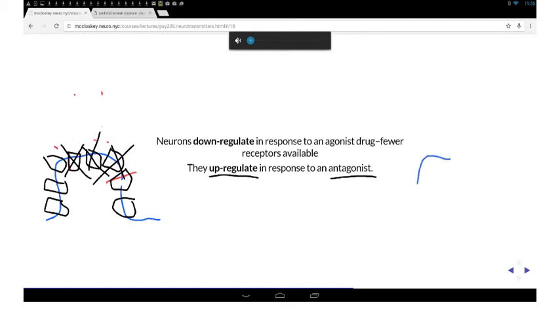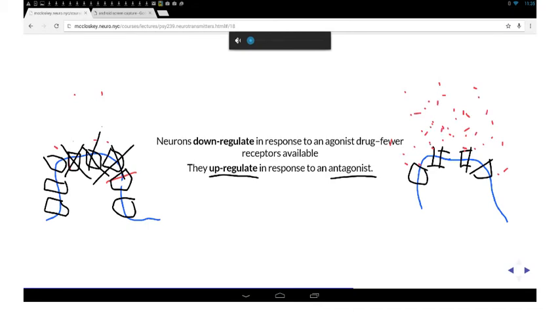Alternatively, if you have a postsynaptic cell and it has a certain number of receptors, but if you take something like dopamine, which essentially floods the brain, cocaine, for example, floods the brain with a synthetic dopamine.